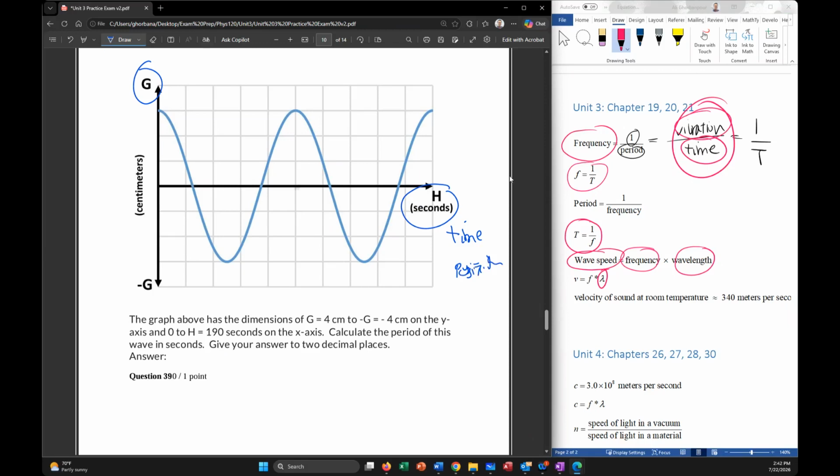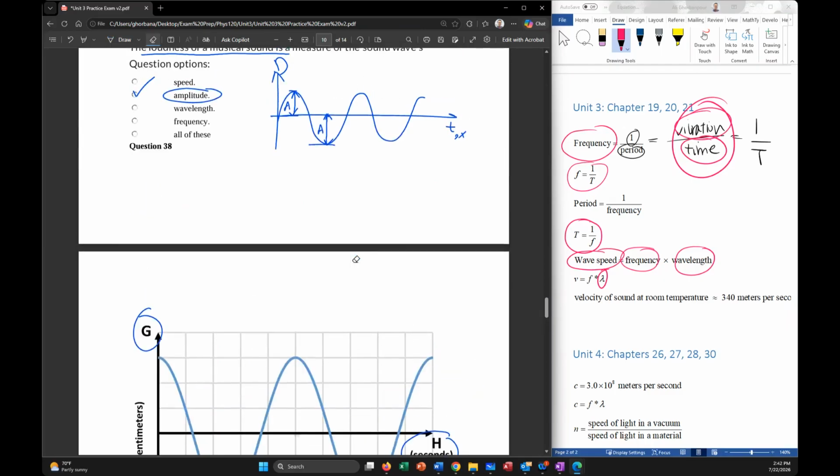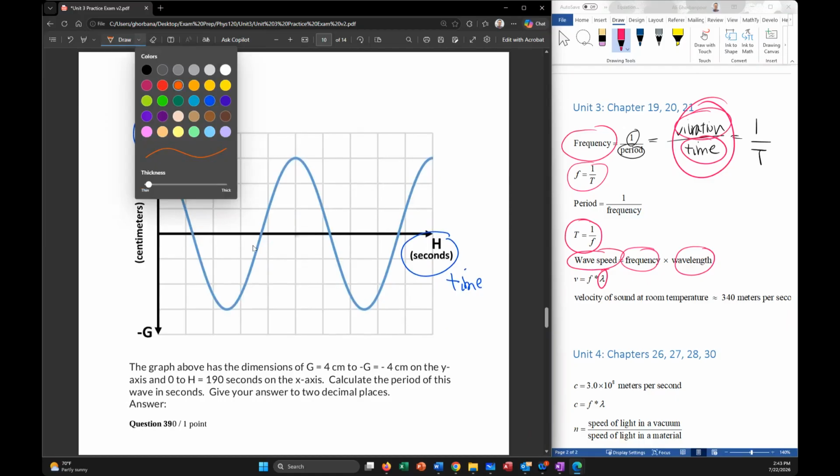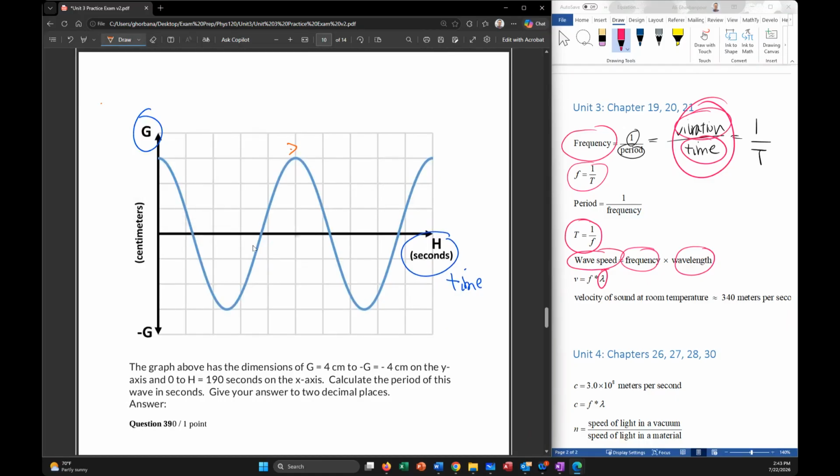Here in this problem, question number 38, your number might be different, but the concept is the same. We have a displacement over time. This is a perfect graph to help us find the period. The distance from crest to crest is one period.